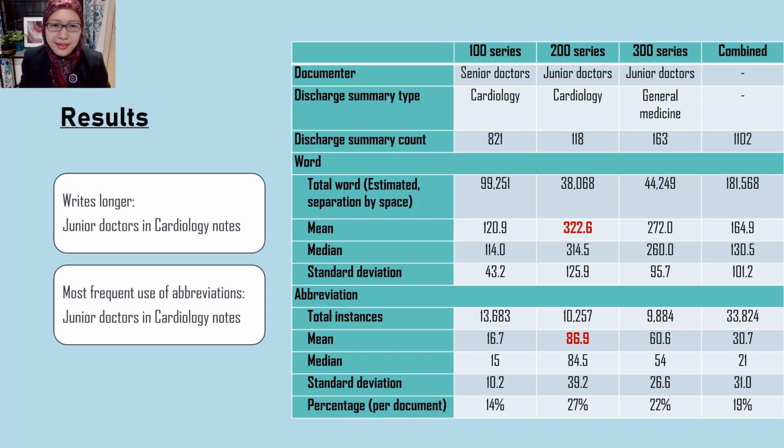We can also see that when we compare based on groups, junior doctors tend to write longer, both in the general medicine as well as in the cardiology notes, almost more than twice or even triple the notes written by the senior doctors.